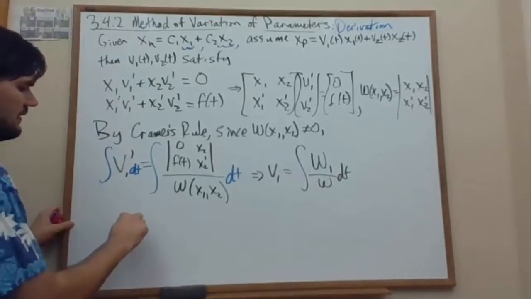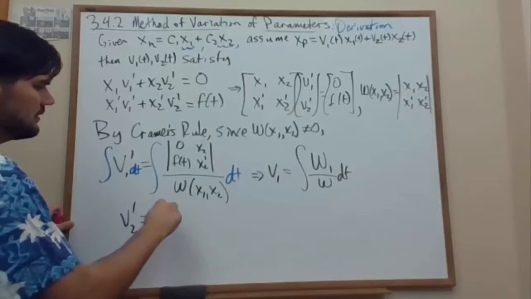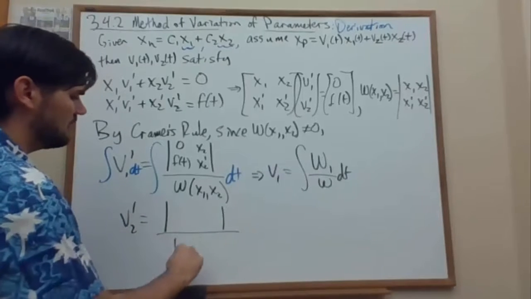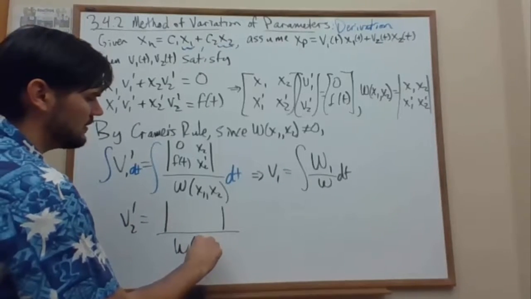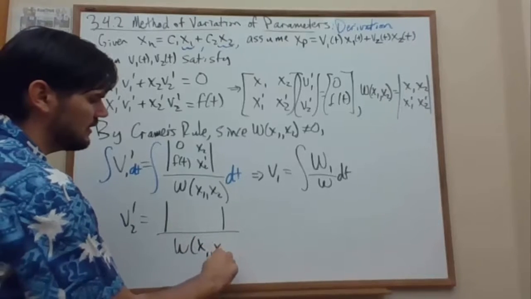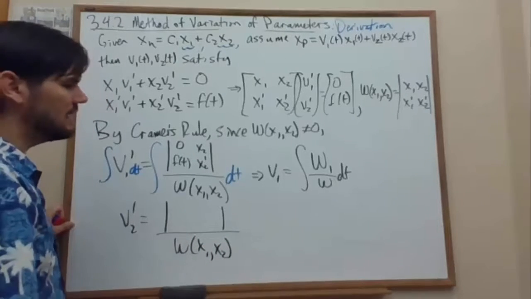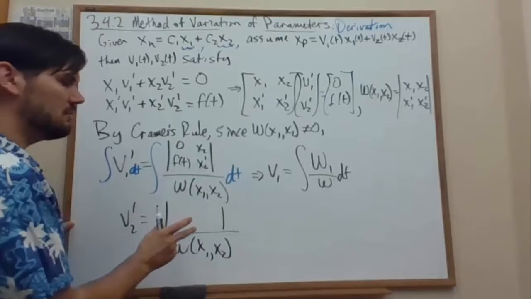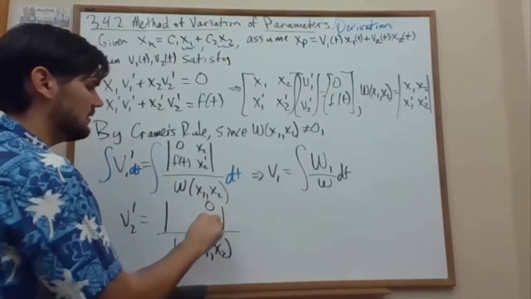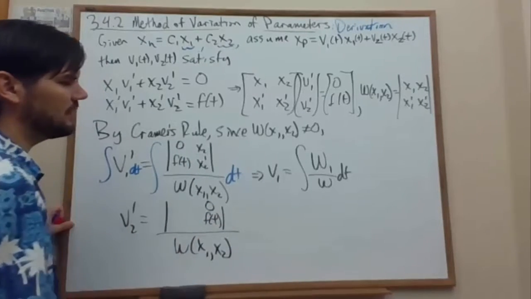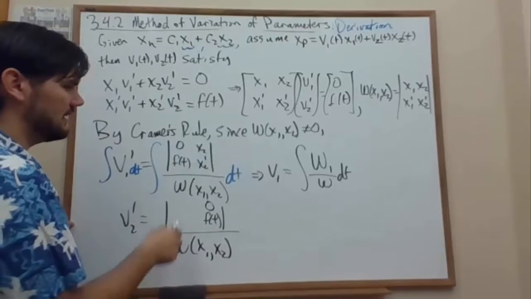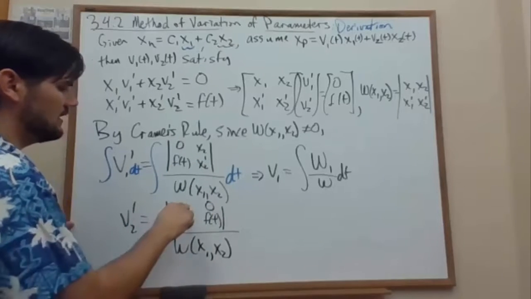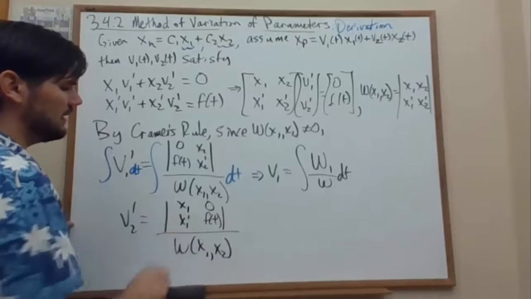In a similar way, v2 prime is equal to the ratio of the two determinants, where the bottom determinant is the Wronskian, and the top determinant is that same determinant, but with 0 and f of t pasting over the second column, x1, x1 prime.